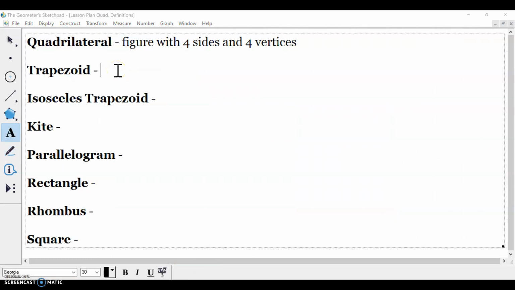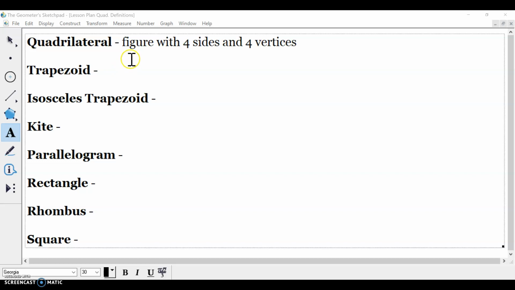Based on all of the properties that we looked at, number of sides that are equal, number of angles that are equal, number of parallel lines, and number of perpendicular lines that each quadrilateral possesses, we can come up with new, more inclusive definitions that will allow us to classify these quadrilaterals underneath one another.